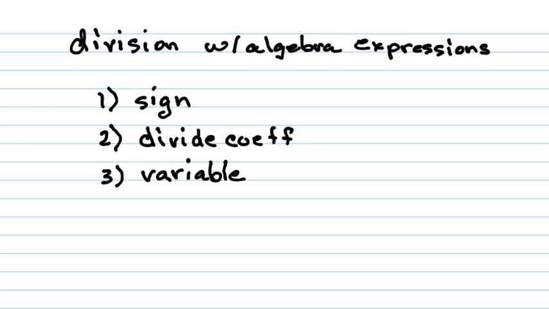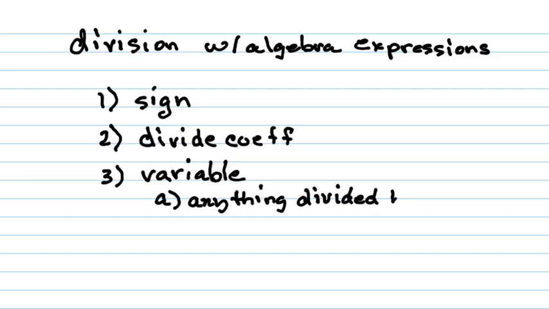The first thing is that anything divided by itself, so in other words, if I say divided by itself, that means I'm taking A and dividing it by what? A, right? Table divided by table.